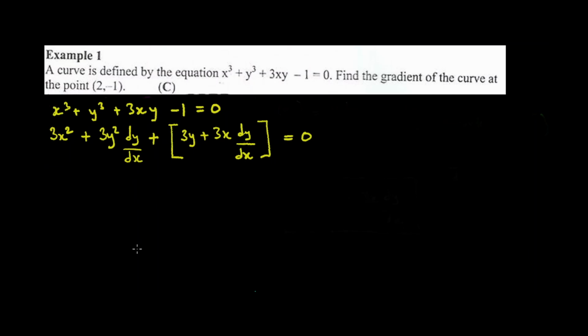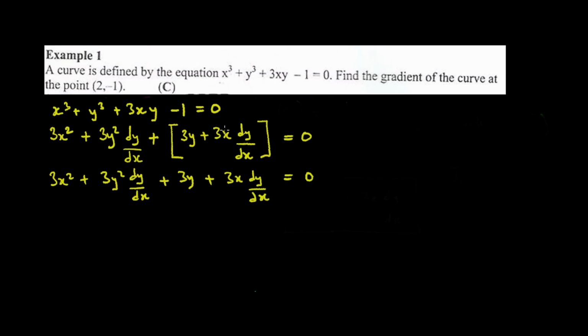So now we are going to simplify easily: 3x squared plus 3y squared dy/dx plus 3y plus 3x dy/dx is equal to 0. I just removed the brackets since we are multiplying by a positive, it stays as it is.